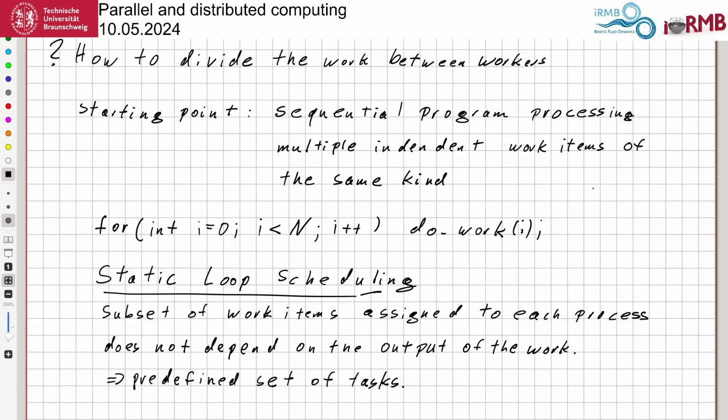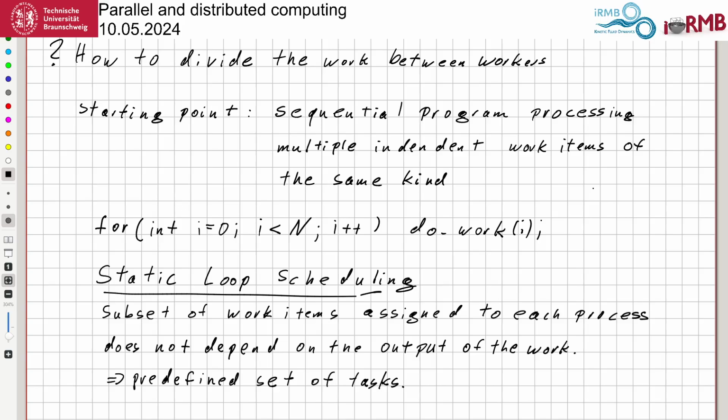So if you would cut it like this, just the first 100 to the first process, the next 100 to the second process, the first process would have a much easier task than the last process. But this is of course a problem that arises specifically in this example.